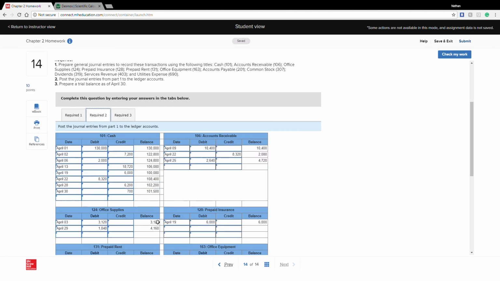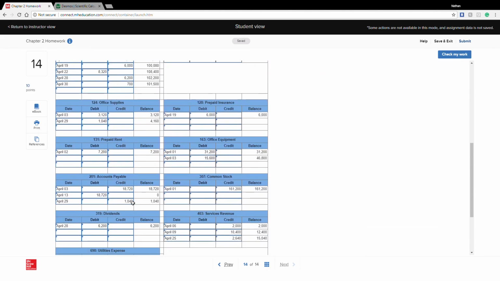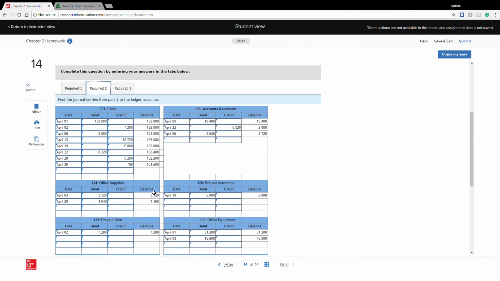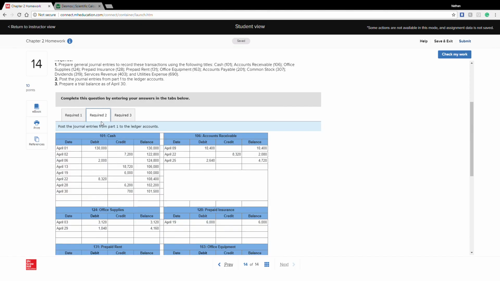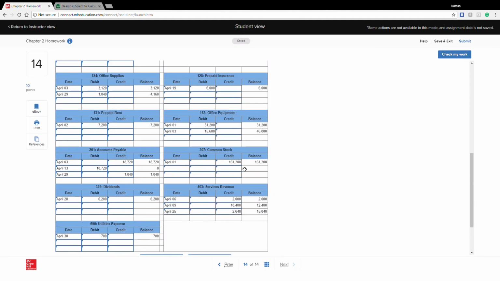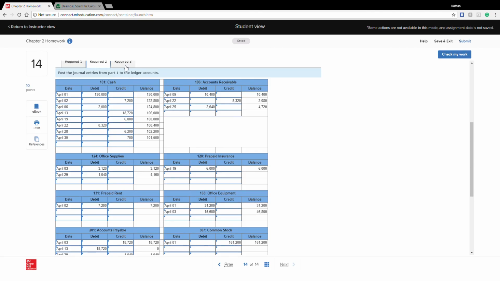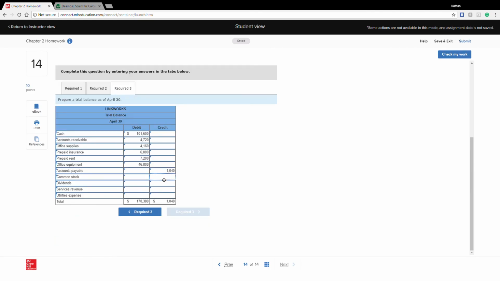Accounts payable ends up being at 1,040. Now remember, accounts payable, it's a positive number, but it's a natural credit account. So a lot of this you have to remember its normal balance. So common stock 161,200.